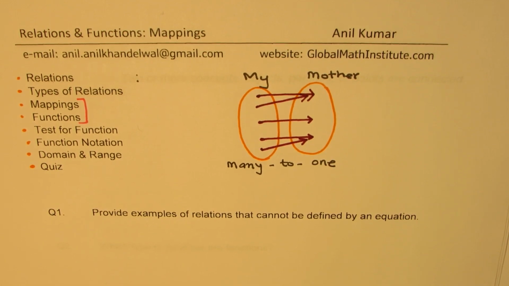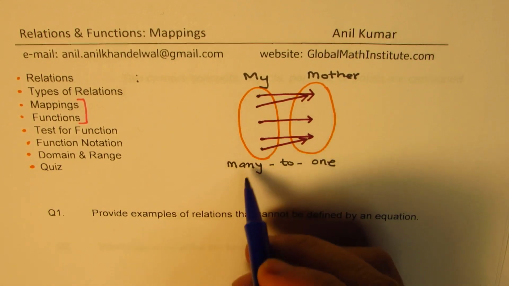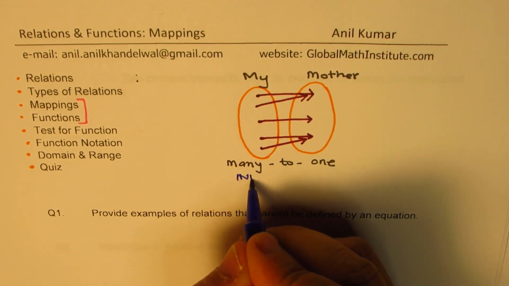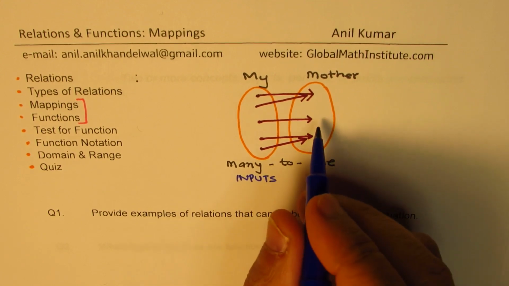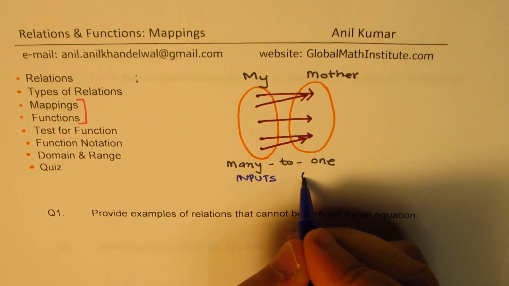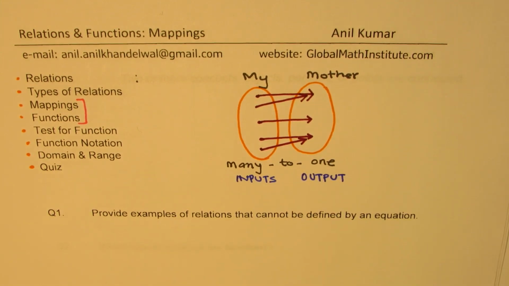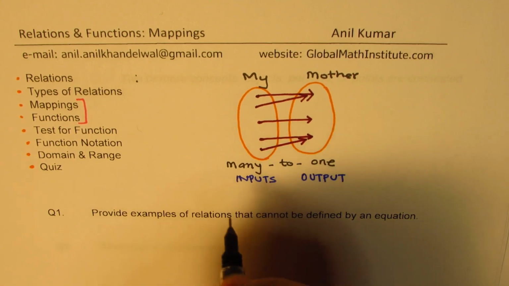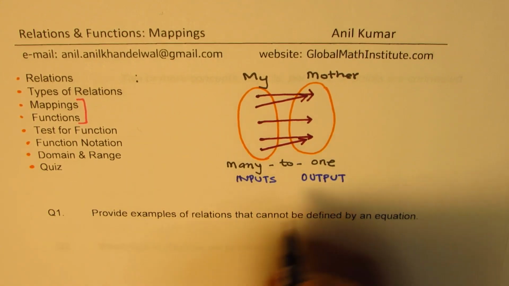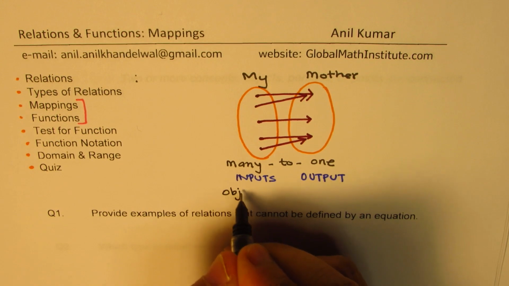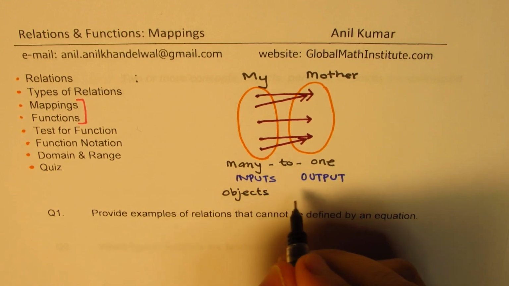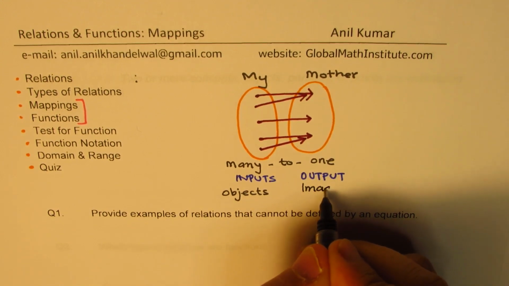Now in this mapping diagram, we will refer to these as our inputs, and what we get here is output. We might also refer to them as objects and their images, right? In general terms, objects and their images.